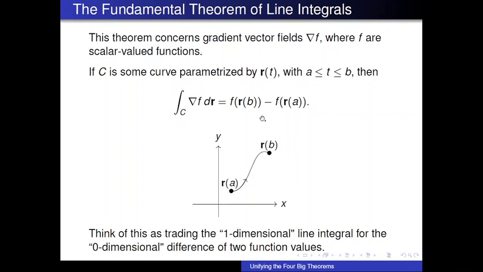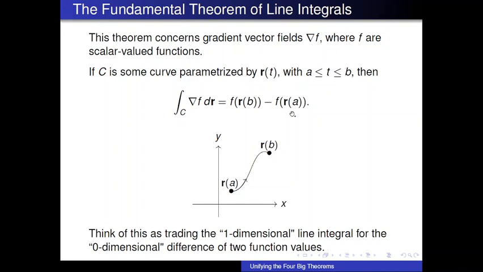Okay, and so another nice thing you can think about here is that here we have a one-dimensional integral, right? It's an integral along just a curve. When you actually compute it, it's really just an ordinary single variable integral, like from calculus 1. And what this theorem says is that we get to trade that for the difference of just two function values.